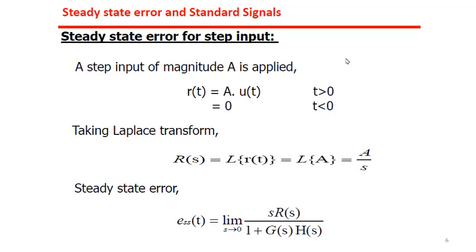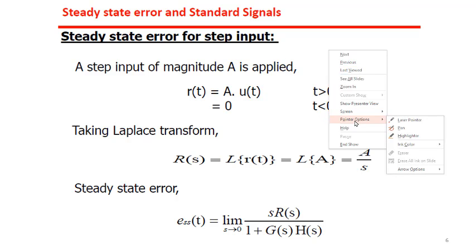So what type of output you are going to get when the steady state errors for different types of inputs are subjected, or in terms of the relationship between steady state error and standard test signals, we are going to discuss. And here we will come to know the characteristic of a steady state curve for the given type of input. Let's go one by one.